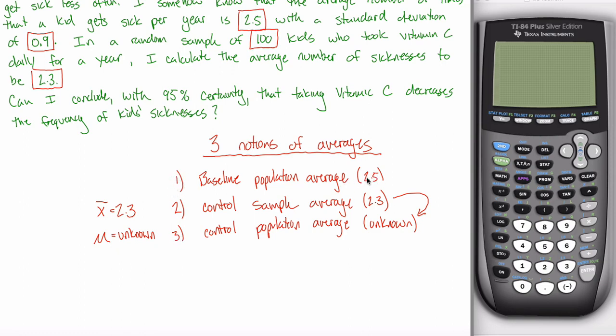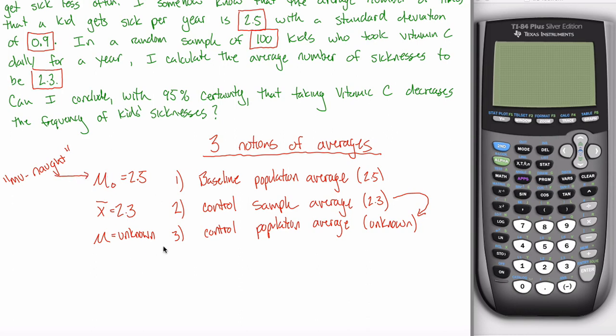What symbol is 2.5 going to be? It should be mu, or at least something like mu, because it's a population average. But we don't want it to be exactly mu, or it'll be really confusing. We'll have two different mu's in the same problem. So what we do is it's a mu with a little 0 in the subscript. The way you say that is mu naught. Mu naught, like British 0, N-A-U-G-H-T.